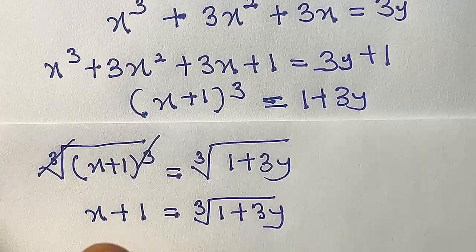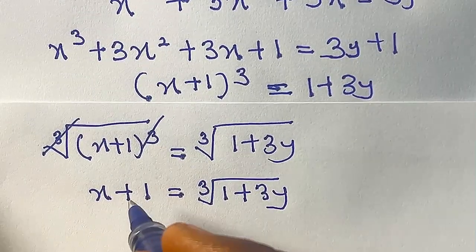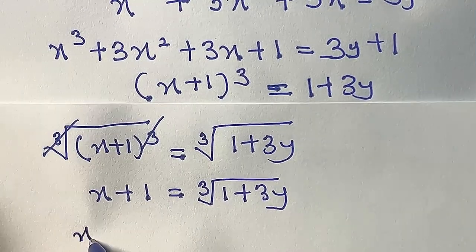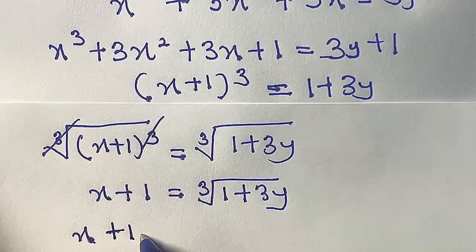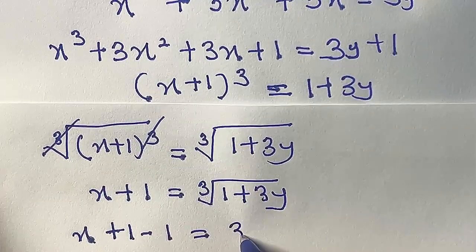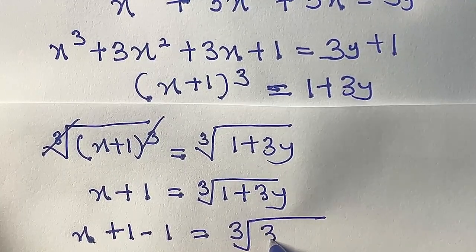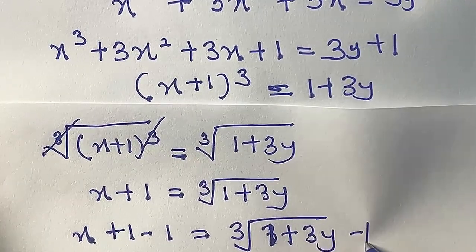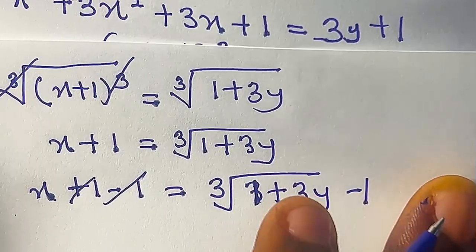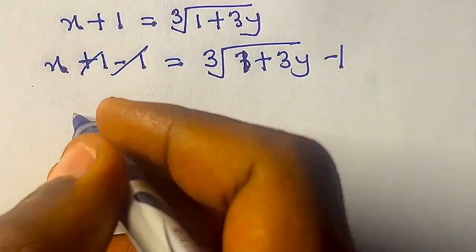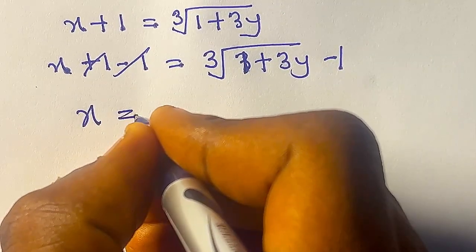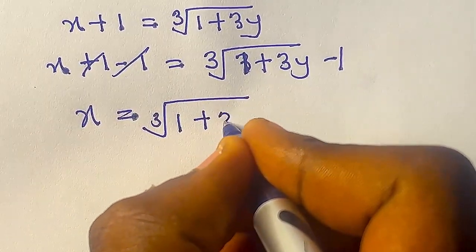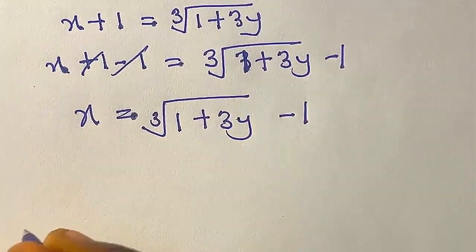Now let's subtract 1 from both sides, so we have x equals the cube root of 1 plus 3y, minus 1.